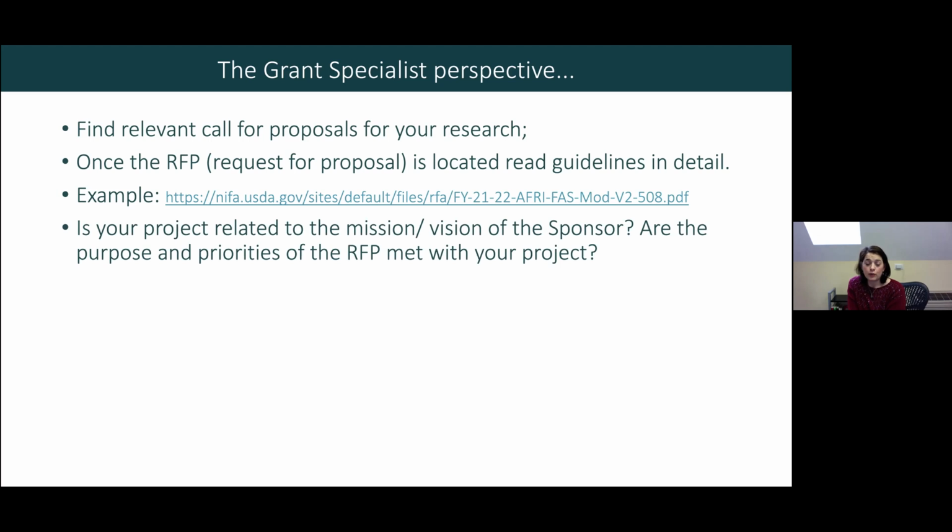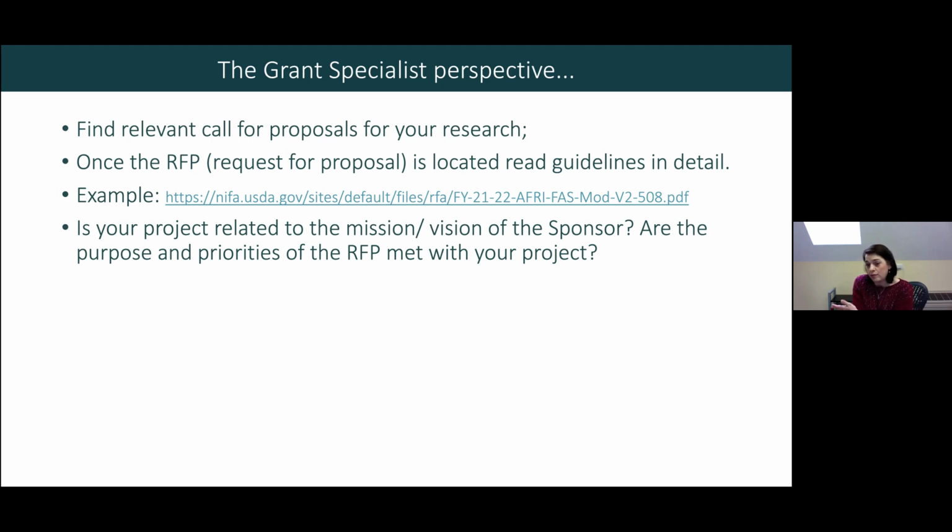Some of the things that we see in general is that the call has to be aligned to the mission and the vision of the sponsor. Those are some of the things mentioned in the guidelines. They set links in the guidelines to the mission and the vision of the USDA, say. Is your research aligned to that?